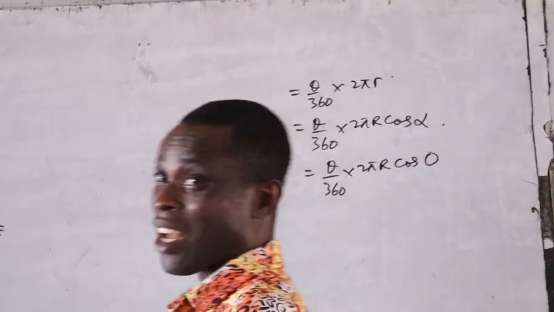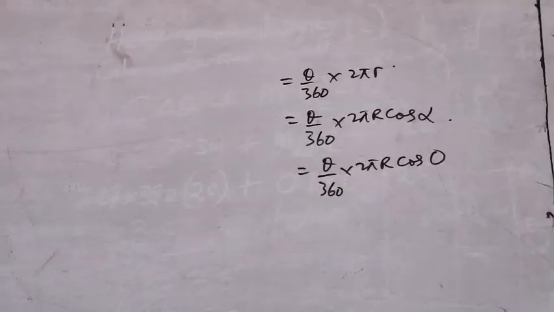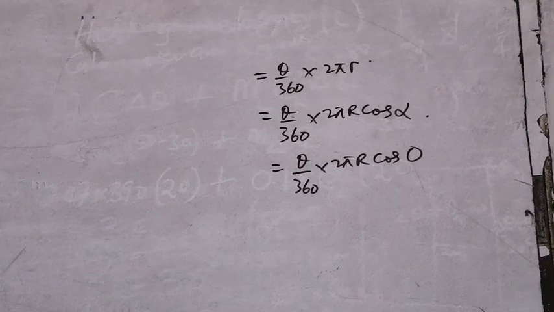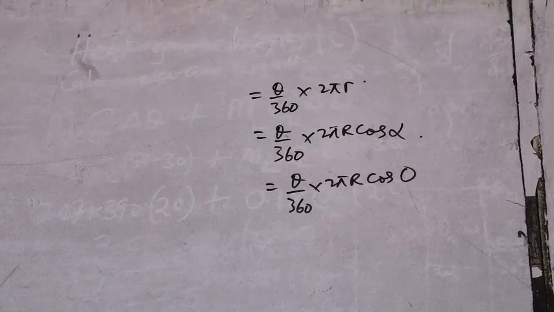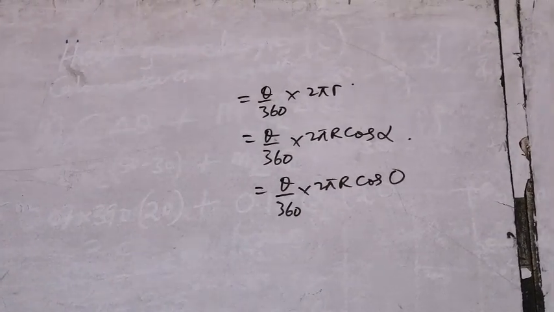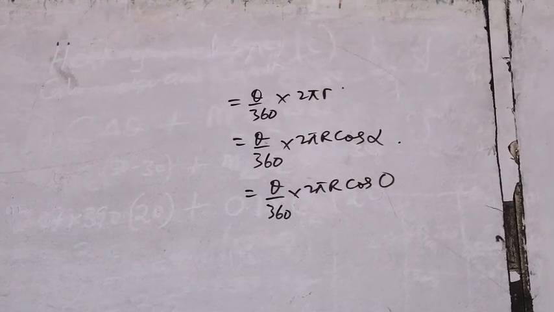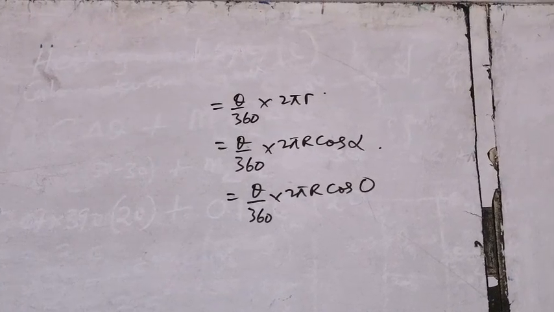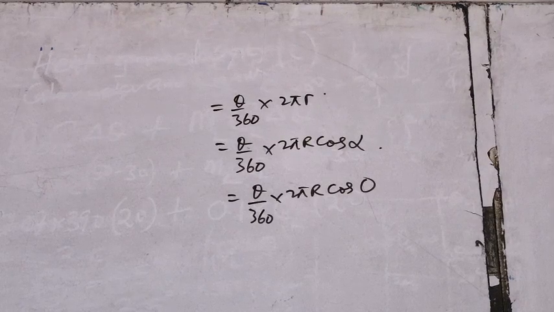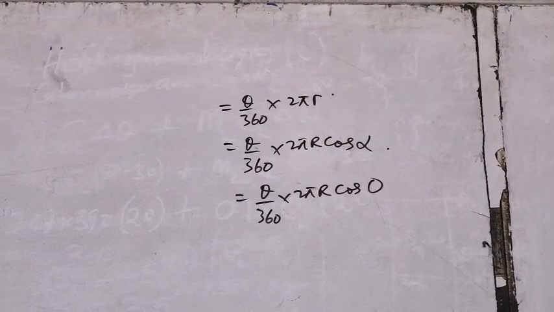Alpha is 0 and cos 0 is 1. When you multiply 1 by 2 pi R, it will still go back to 2 pi R. So I can use small r because it's a latitude, and I can use big R because it's a great circle. Am I communicating?